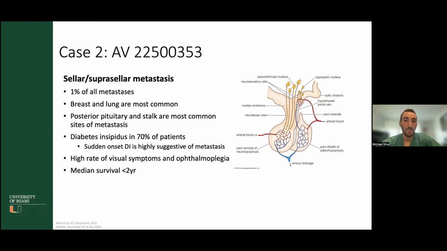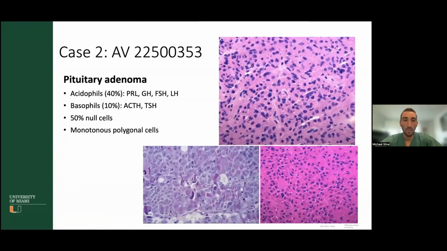And just as this patient presented with sudden onset diabetes insipidus, that actually tends to be quite specific for metastases to the sellar and suprasellar regions. So something to keep in mind. These patients typically have a high rate of visual symptoms and ophthalmoplegia, and overall prognosis is quite poor. This case again was unique because it was a metastasis within an adenoma as well.